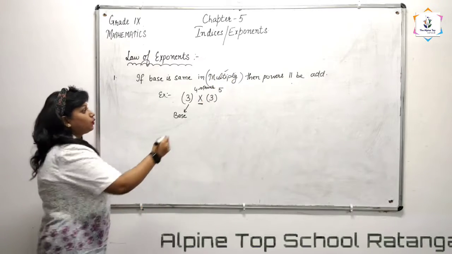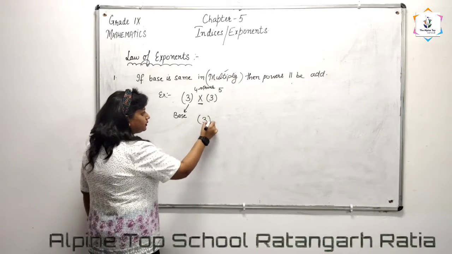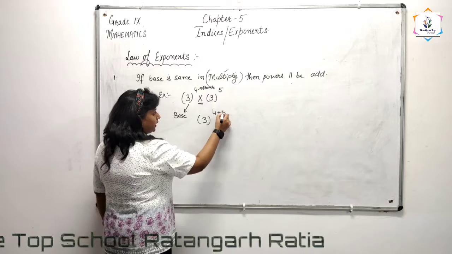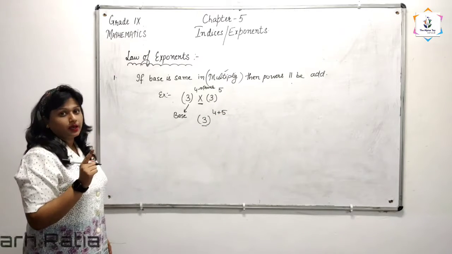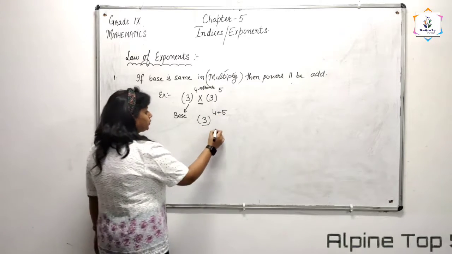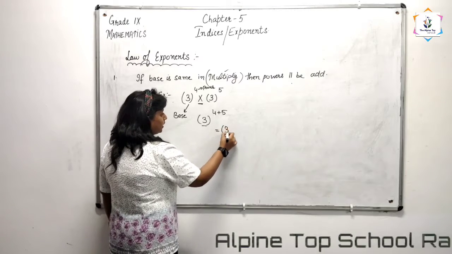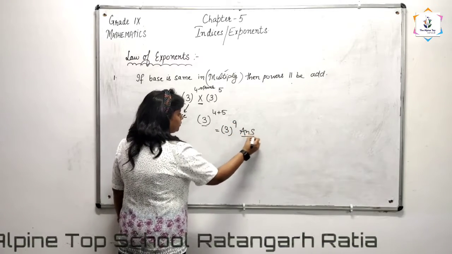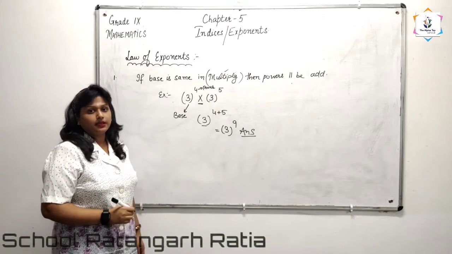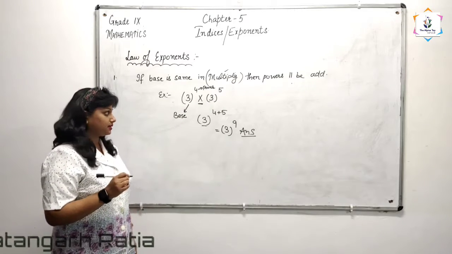Multiplication sign. So powers will be added. And you will write the base 3 one time, don't repeat it. So 3 raised to power 4 plus 5, 9. So 3 raised to power 9. Like this you can find the answer.